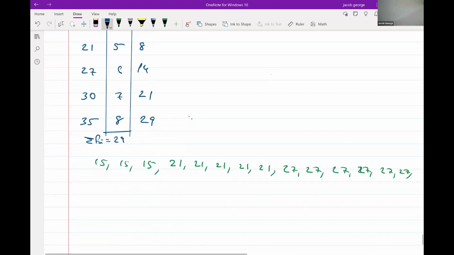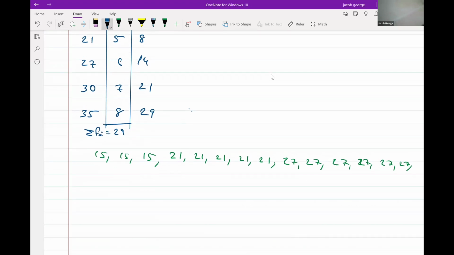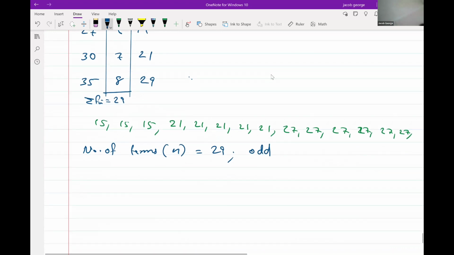Then we write the same calculation as in the last one. Here, number of terms, n is 29. Is this an odd number or even number? Odd number, right? Then median equals, we use the same formula. What is the median?